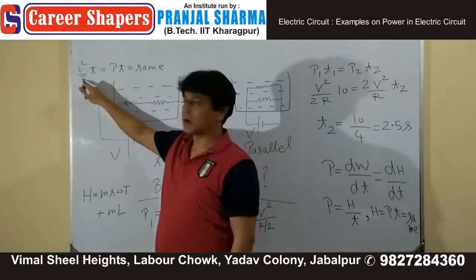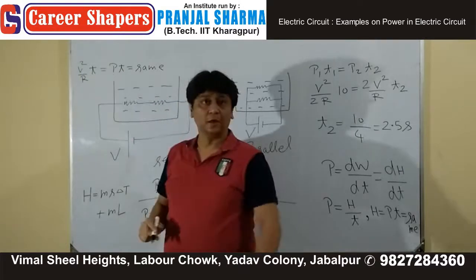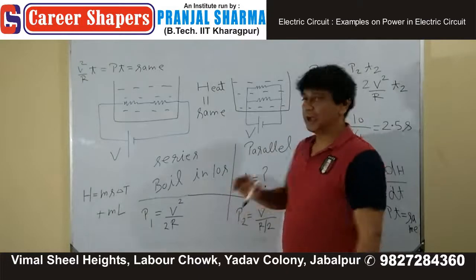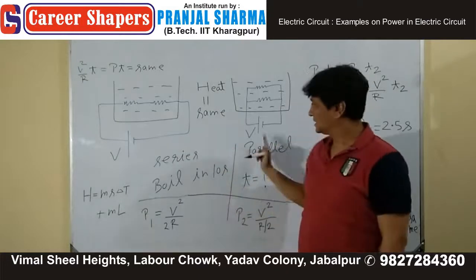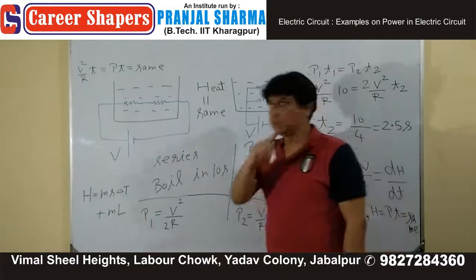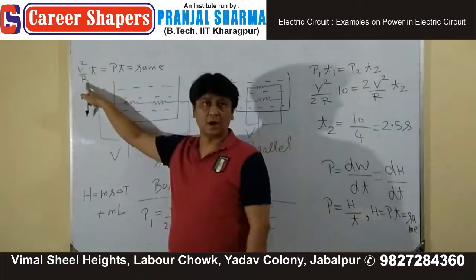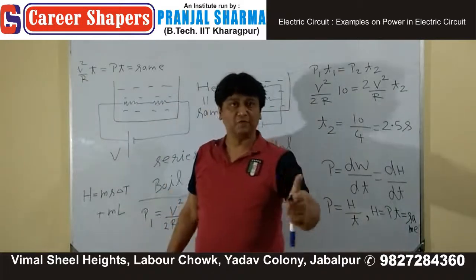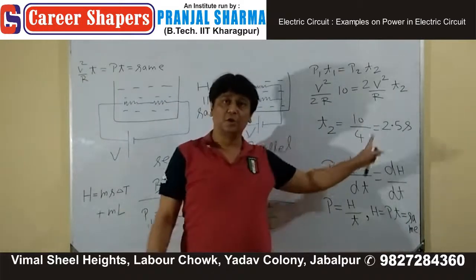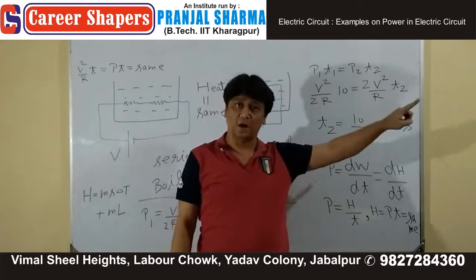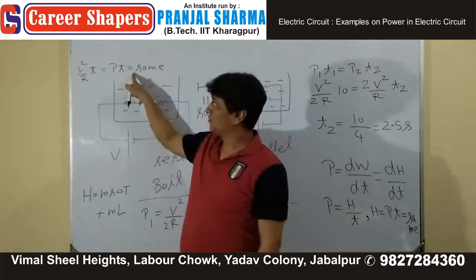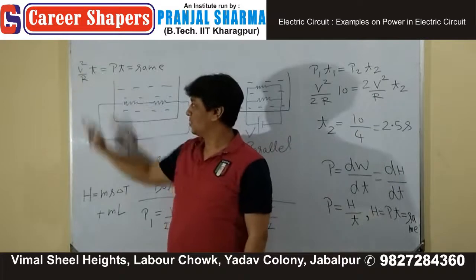P is V square upon R into T. Now, if they have given you same voltage, then you will write V square upon R. If they have given you same current, you will go for the I square R part. You start from this, P becomes V square upon R.